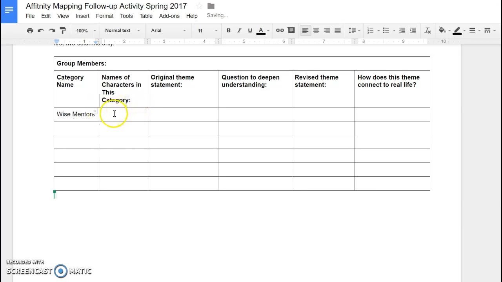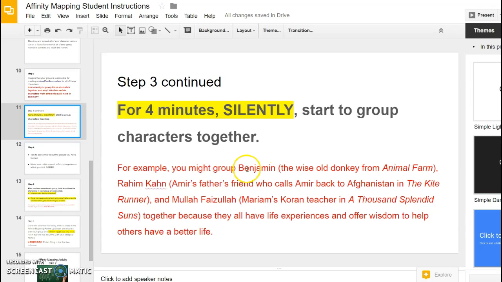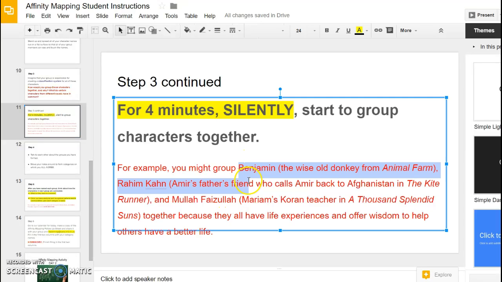Okay, then I would make sure that I would include the characters that I was talking about. So remember, we in an earlier slide talked about Benjamin, we talked about Rahim Khan, we talked about Mullah Fazula, and so I'm just going to take those characters, and those are the characters that go in my column right here.